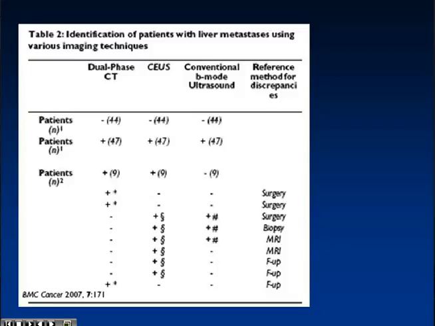But there were a number of cases in which a metastasis could be detected either by contrast ultrasound or by CT. So the conclusion is that if you want to make the best assessment of the number of lesions before sending the patient to surgery, then probably the best solution is to use a couple of techniques, contrast ultrasound plus CT or plus MRI.